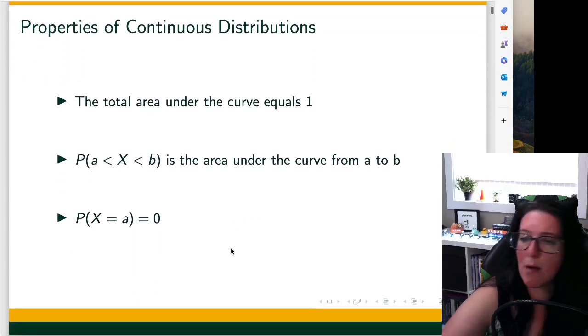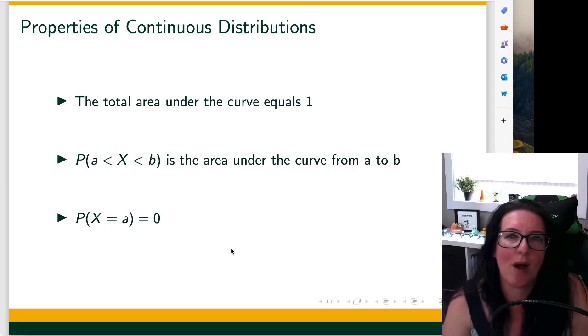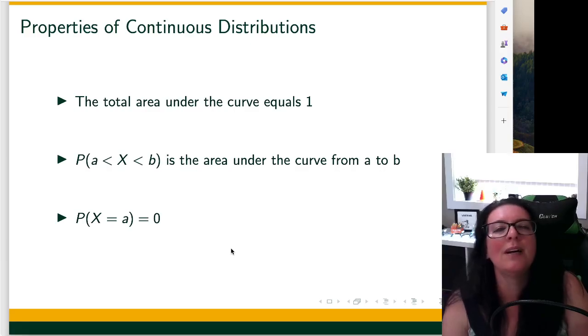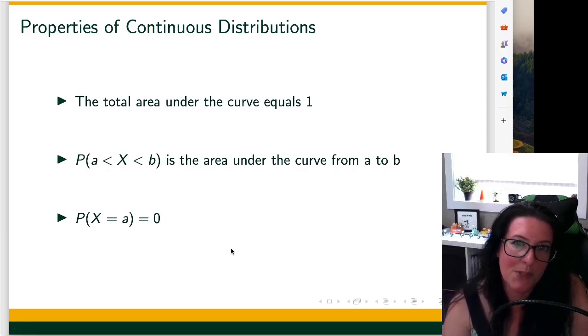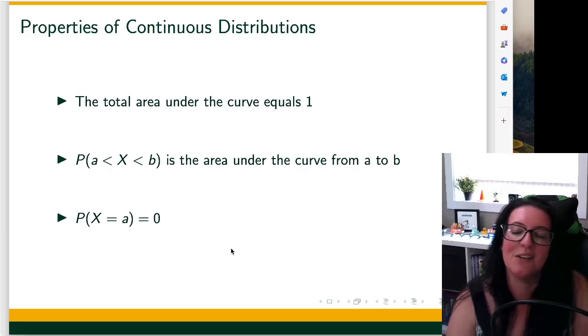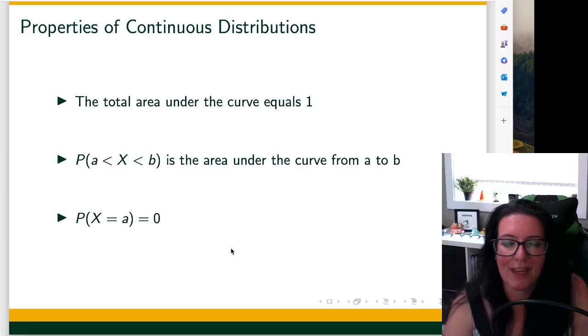When you have a probability distribution function for a continuous distribution, there are a couple of characteristics or properties we need to know. The total area under the curve equals 1. This is the same as the probability mass function adding up all the different probabilities to equal 1, because if you have identified every possible outcome, so we are collectively exhaustive, then we've represented 100% of the outcomes.